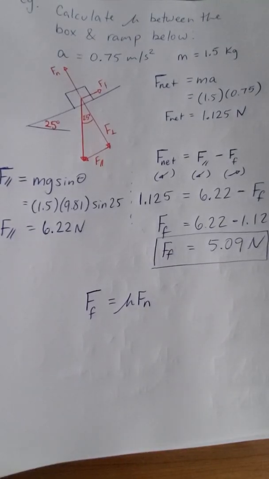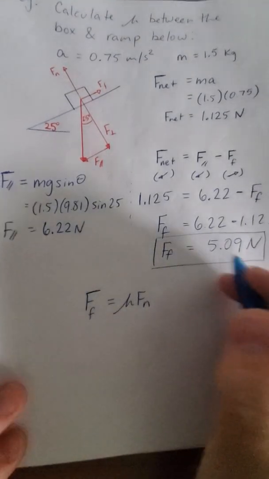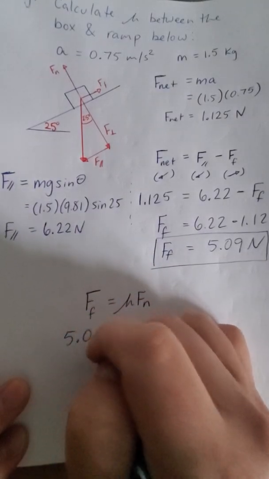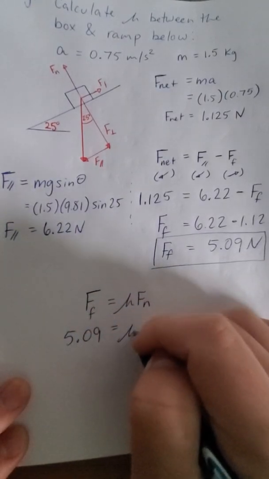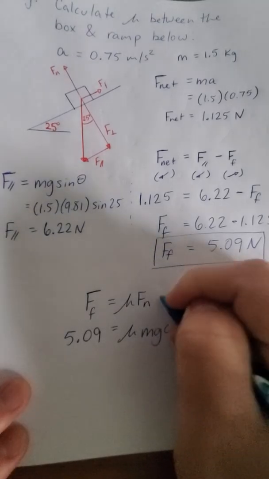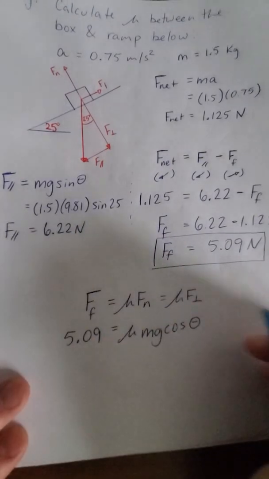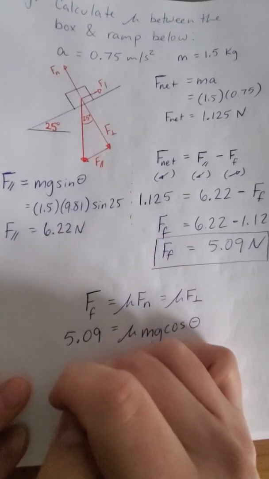we just use our new formula, and we're finding mu. Okay, we have the force of friction, and the normal force, remember, is the same as the perpendicular force, which is mg cos theta.